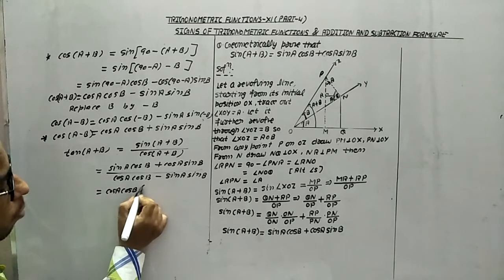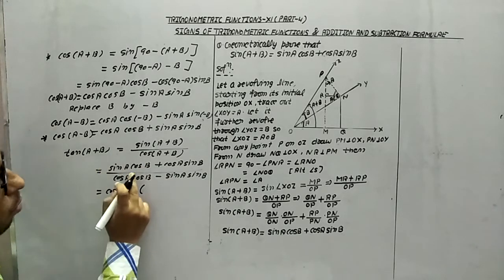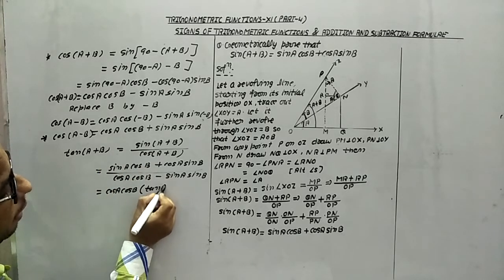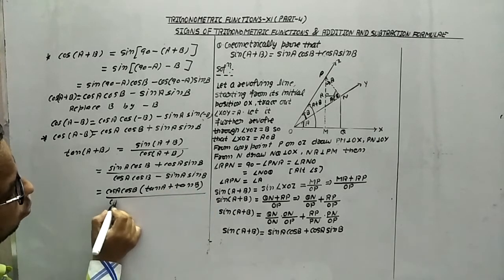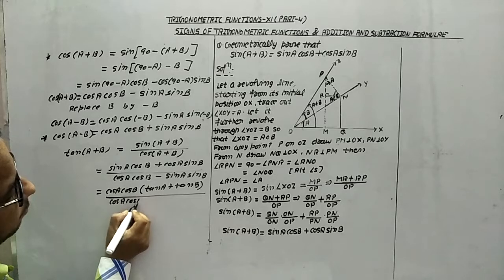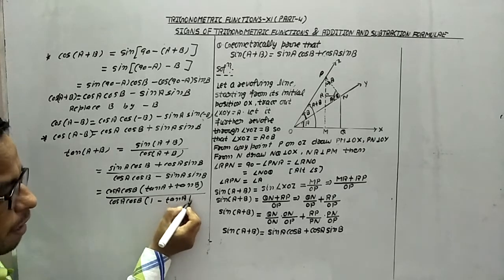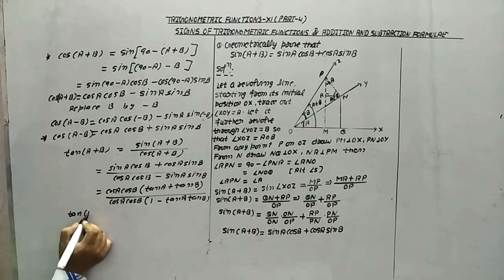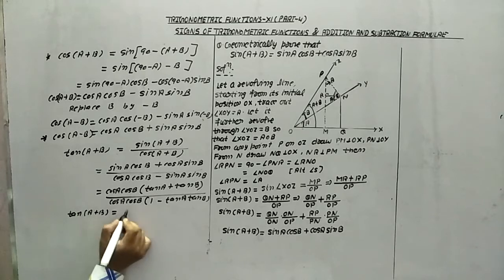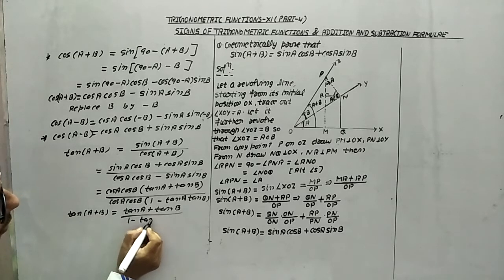Here cos A cos B is not present, so multiply and divide by cos A cos B. This becomes tan A plus tan B upon, with cos A cos B common, 1 minus tan A tan B. This cancels out. It means tan(A+B) equals tan A plus tan B upon 1 minus tan A tan B.